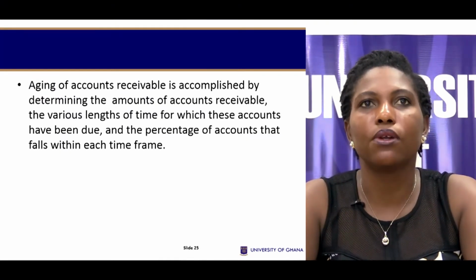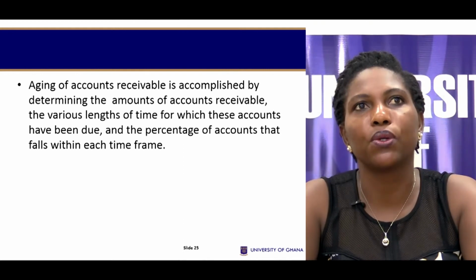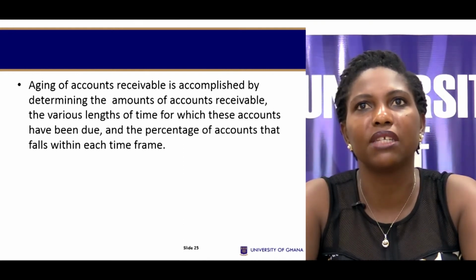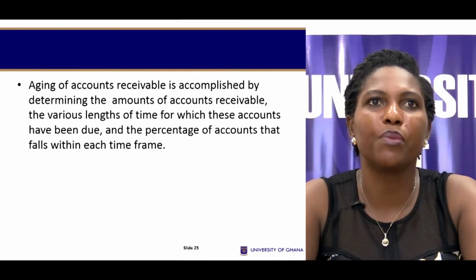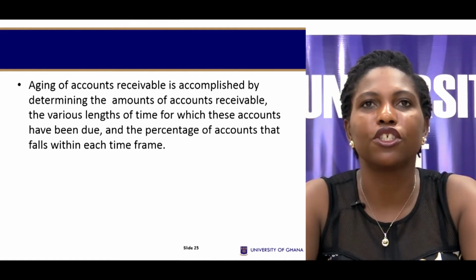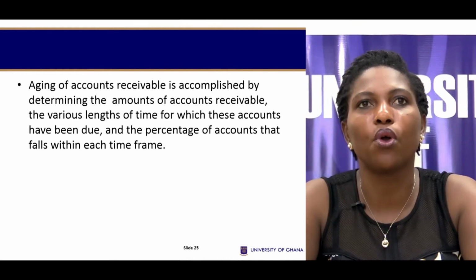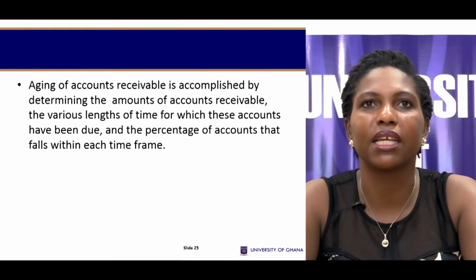Now, another way to look at managing accounts receivable is to look at the aging of accounts receivable. Now, this tells which portion of the accounts receivable may receive a lot more attention because of the probability that they may go into default because they have taken too long.